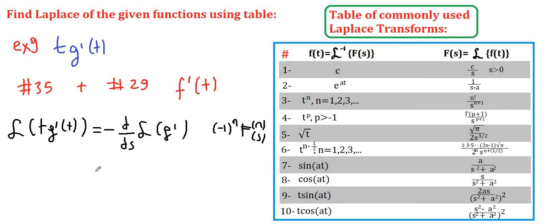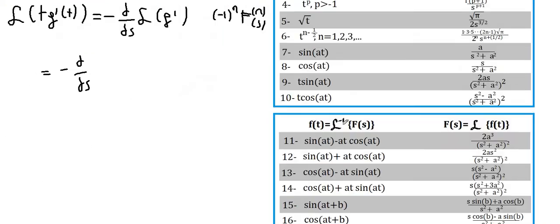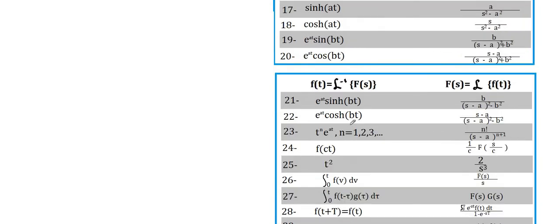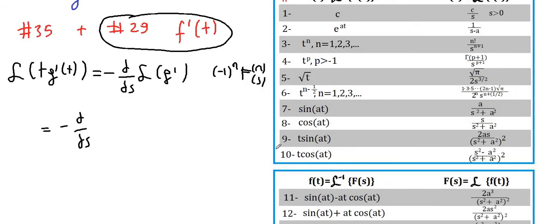Now we're going to rewrite as d over ds, and the Laplace of g prime is number 29. The Laplace of any f prime of t will be as in number 25, which is s times f of s minus little f of 0. So in our case, it's going to be s times the newly defined function g of s minus g of 0.